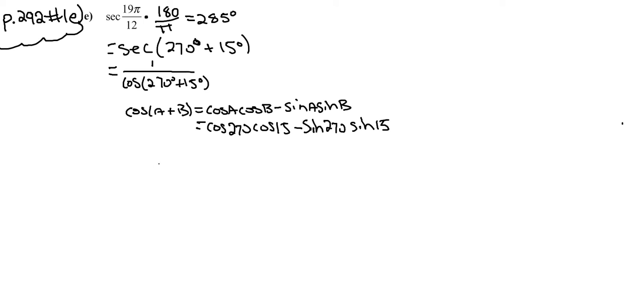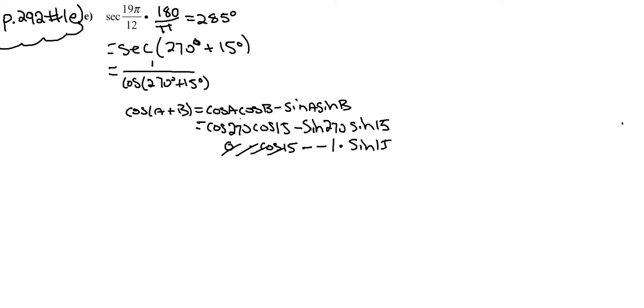Okay, so now we can simplify cos 270 and sine 270. So cos 270 is 0, and you can do that using the unit circle. And we're going to go times cos 15, but really 0 times anything is 0, so you can just cancel that out. Minus sine 270 is negative 1 times sine 15.